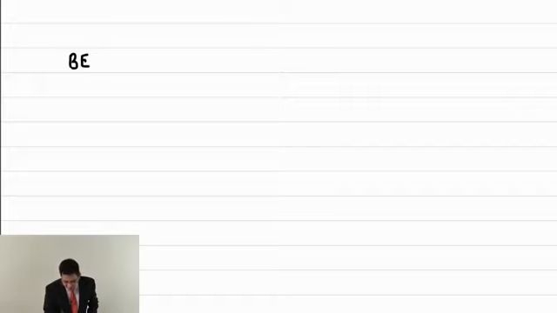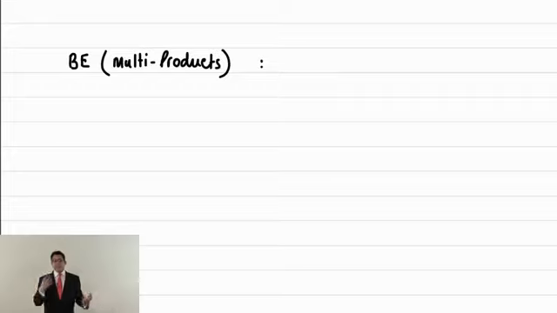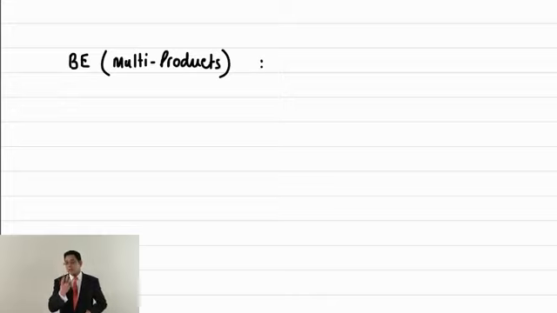So here is break-even for multi-products, 2, 3, 4 products. Generally, based upon the marks allocated in exams, 2 to 3 products at most can be given. So in a multiple product environment, there will be some revisions to our original formulas.